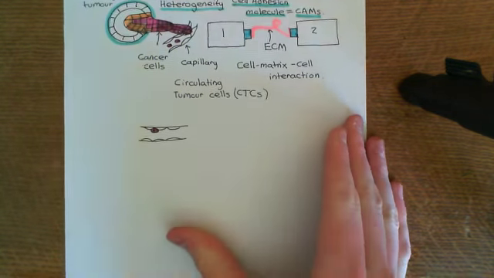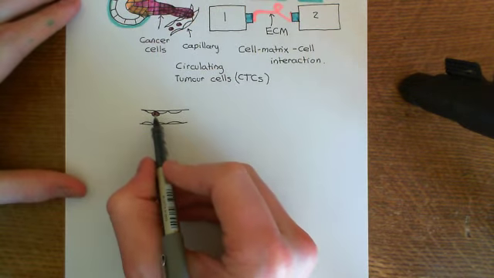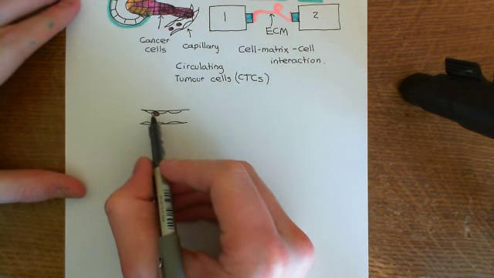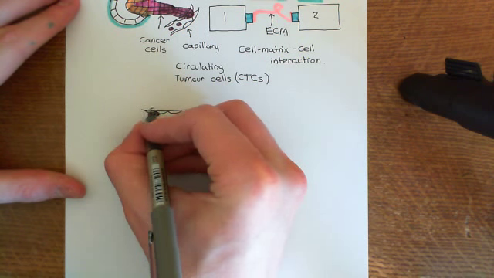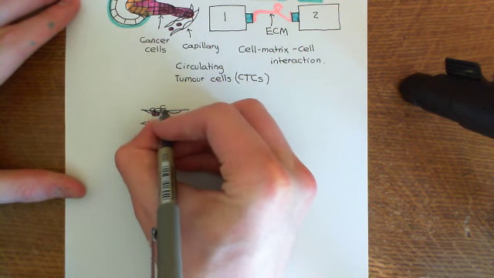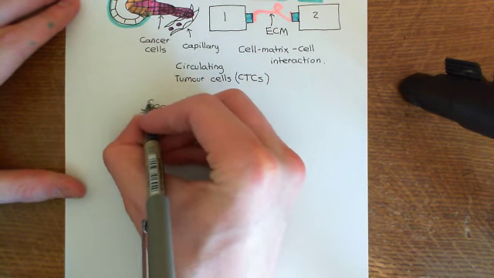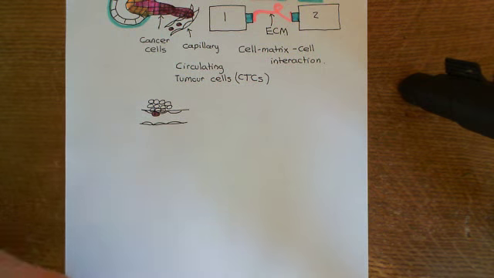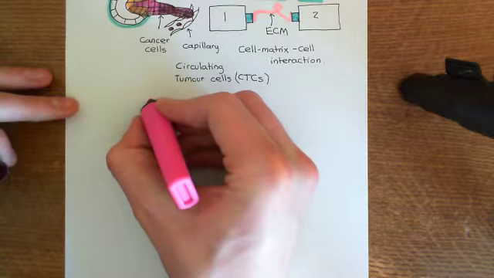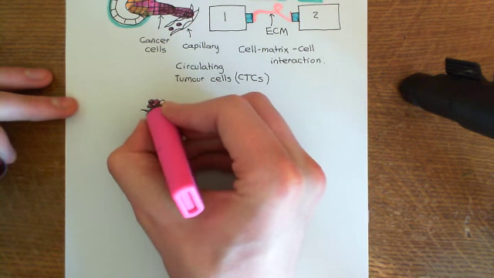So here is our tumour cell now stuck here. Okay, and then what will happen is it will start setting up another tumour here. It will divide out of control, like so. It starts invading into this new site here, and then you are getting the formation of a new tumour far away from where the initial tumour was.